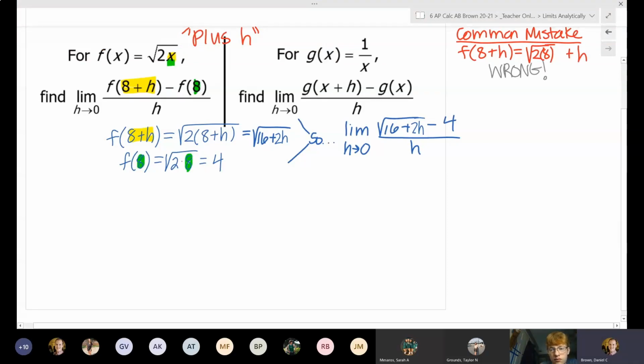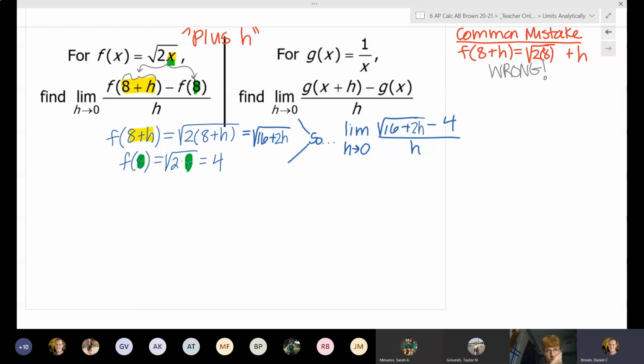So if I'm going to create my limit for this one, my function is f of x, which is equal to the square root of 2x. So when I am doing the f of 8 plus h, that tells me whenever I see an x, I'm instead replacing it with 8 plus h. When I see just f of 8, we know what that means. F of 8 just tells you to plug in 8 for x.